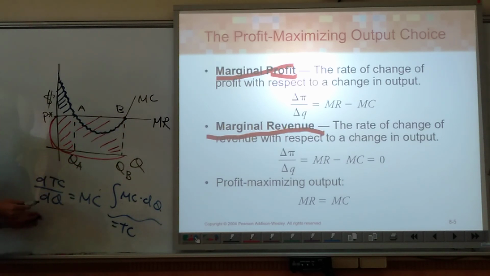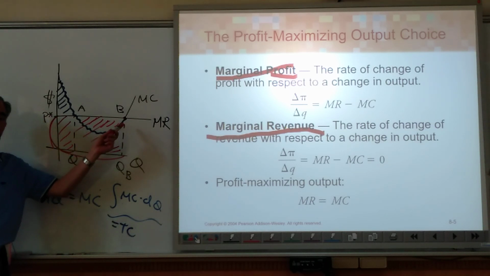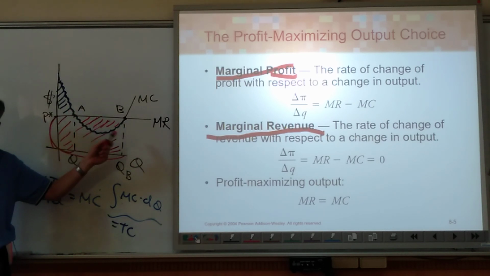So the total cost is this part altogether. So as a matter of fact, you still have something that looks like a profit, this area, right?